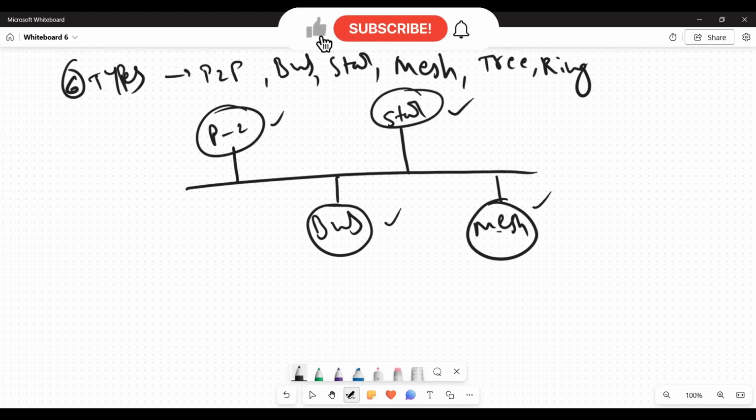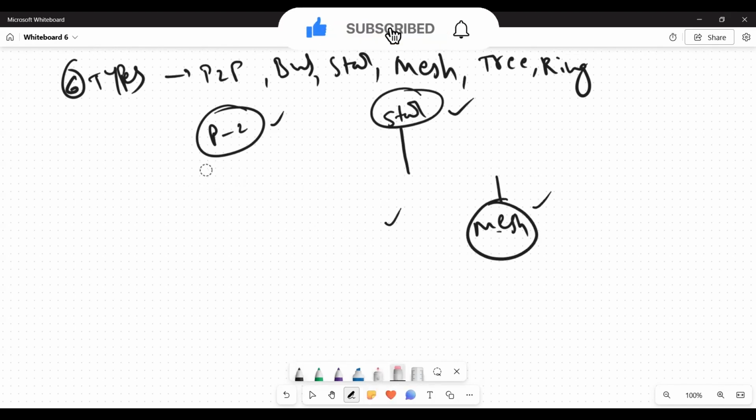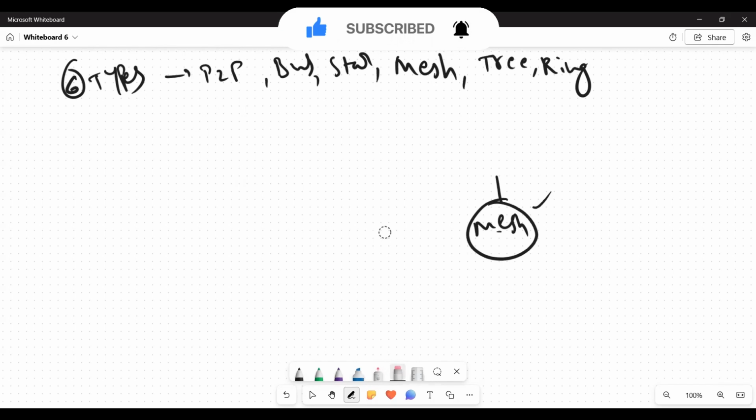As per the definition, if two or more types are combined together, they make a hybrid topology. So this is how the structure is represented. Now let me draw what a hybrid topology looks like.